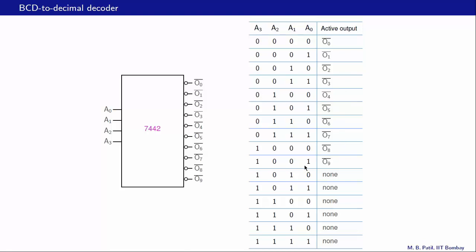And for this combination, O9 bar is the active output. And these combinations are not expected to occur because we are talking about BCD numbers here. So our input binary number is going to correspond only to decimal numbers from 0 to 9. So in these cases, none of the output pins is made active.